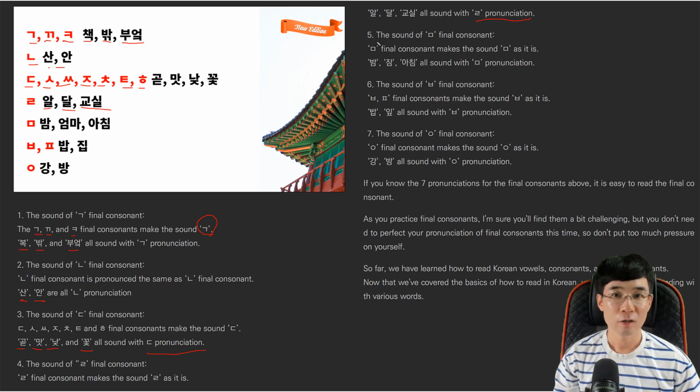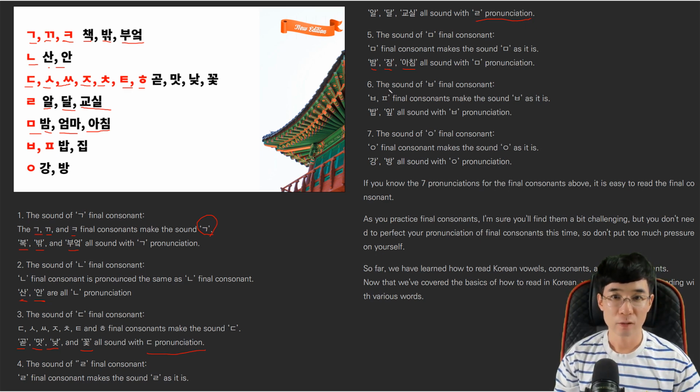Number 5, the sound of 미음 final consonant. 미음 final consonant makes the sound 미음 as it is. 밤, night, 잠, sleep, 엄마, mommy, 아침, morning, all sound with 미음 pronunciation.